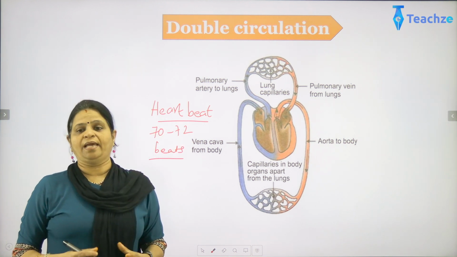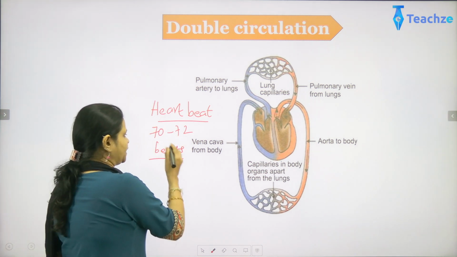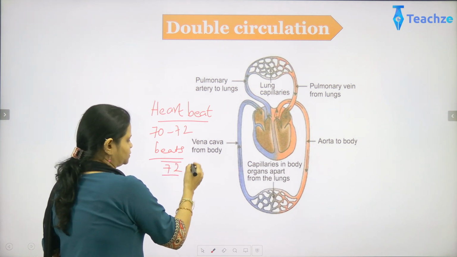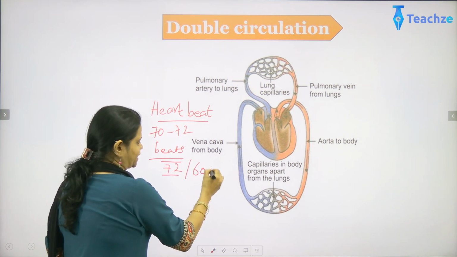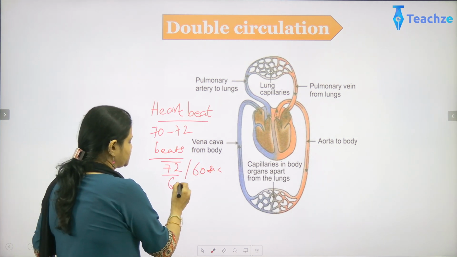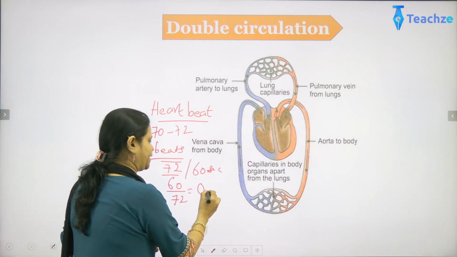So if I want to calculate how long every single heartbeat takes, you divide 60 seconds by 72. So we divide 60 by 72 and we get a number which is 0.8 seconds.